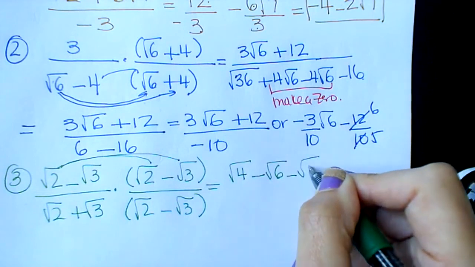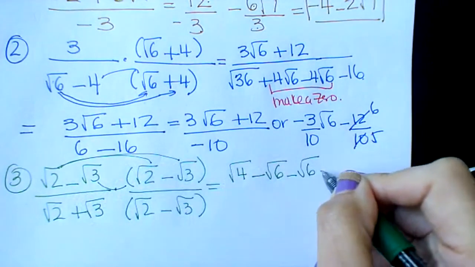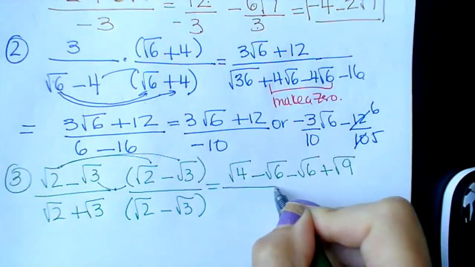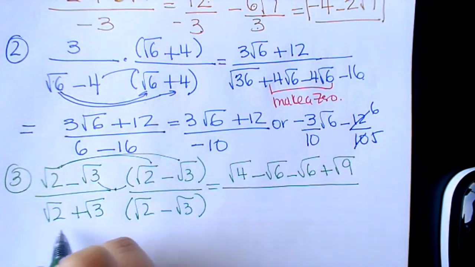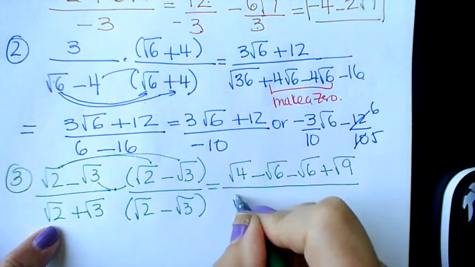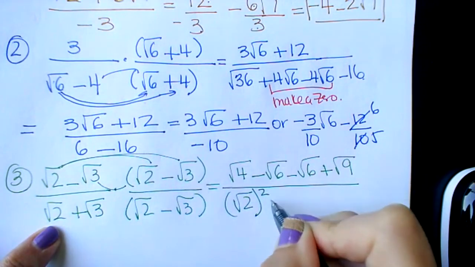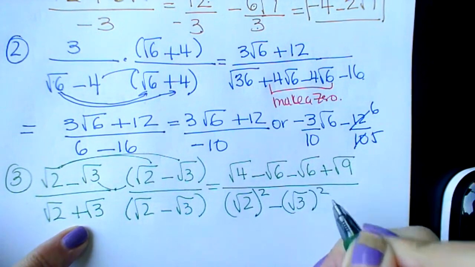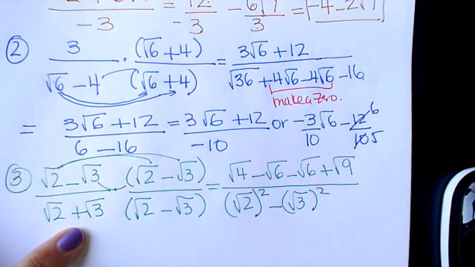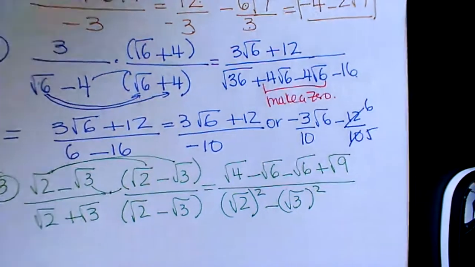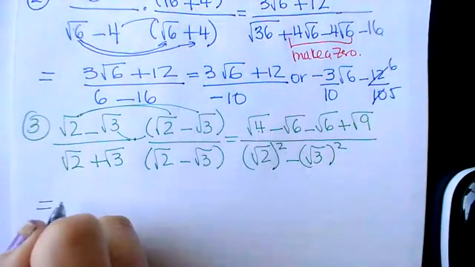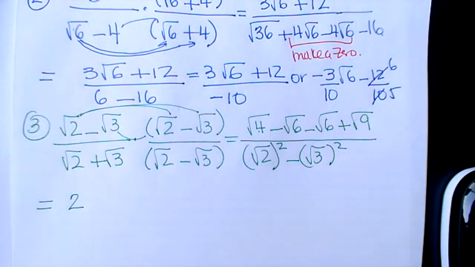Plus minus the square root of 6 plus the square root of 9. And we're going to divide this, and we know exactly this one, right? Let's do it the other way. A and B, A squared minus B squared. So this is going to be square root of 4 is 2, right?